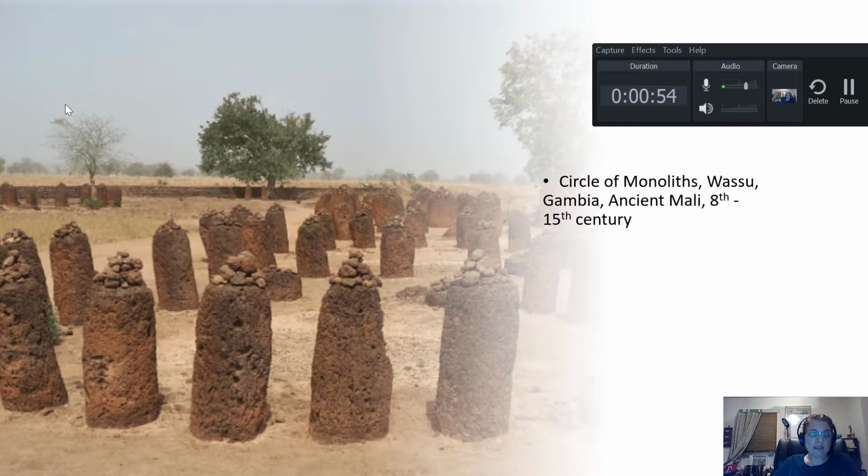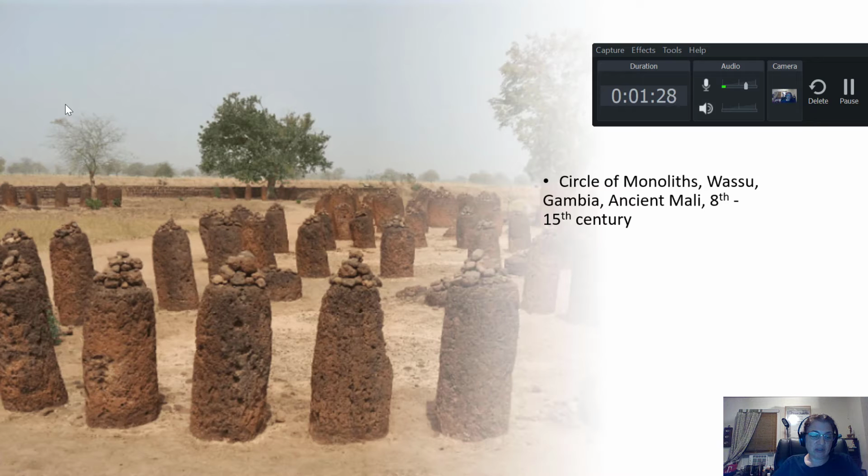And in this area, links between past and present populations are difficult to make, particularly in southern Senegal and eastern Gambia, which were part of the Mali Empire. Some 817 tombs have been noted in this region, each encircled by polished volcanic monoliths in the form of curved or rectangular blocks that I'm showing you here.